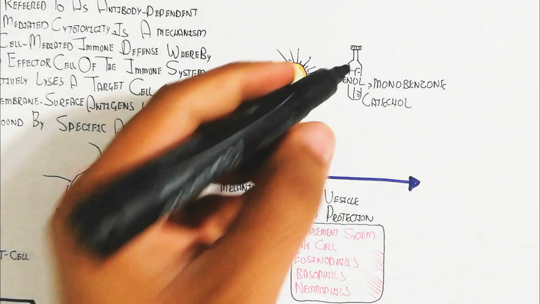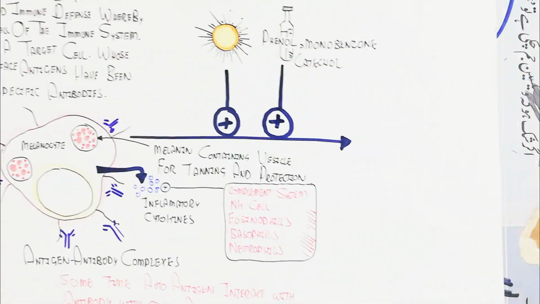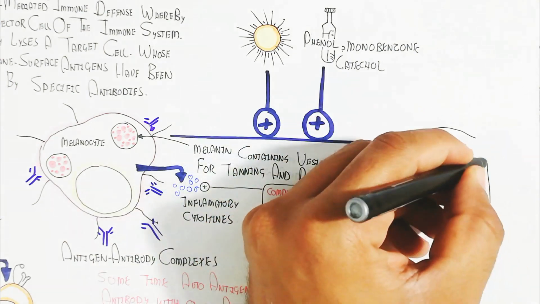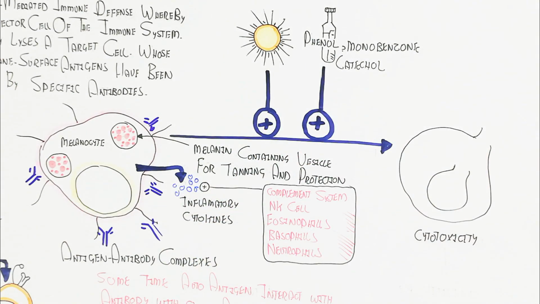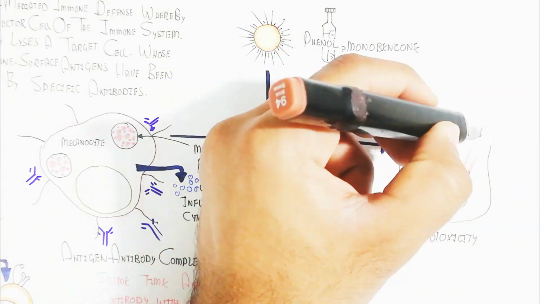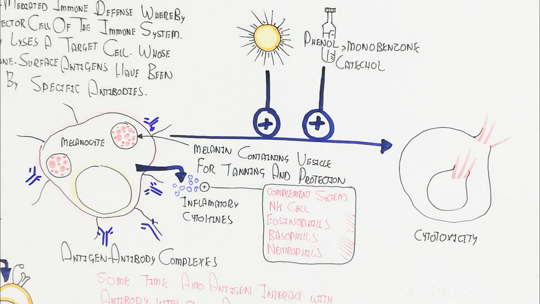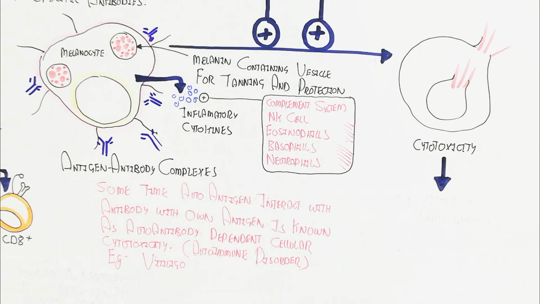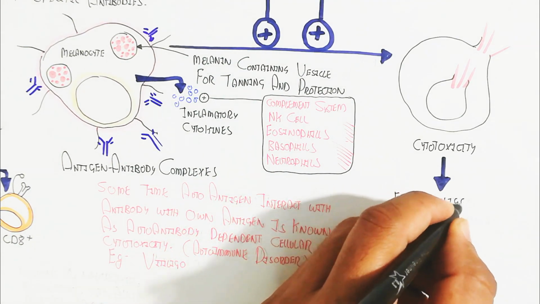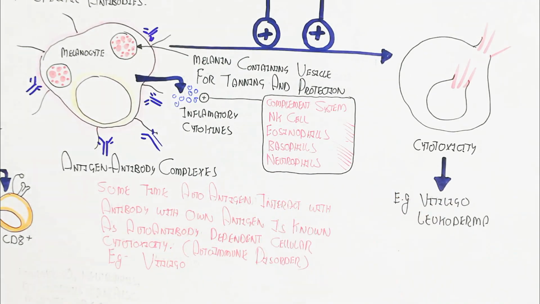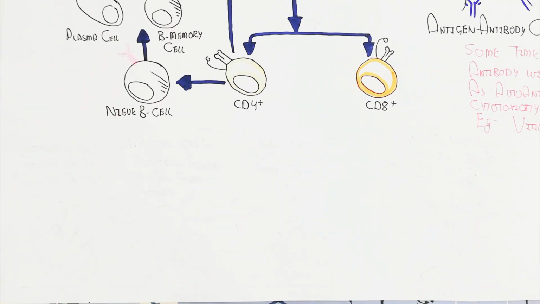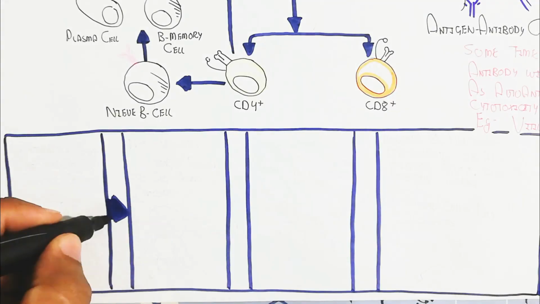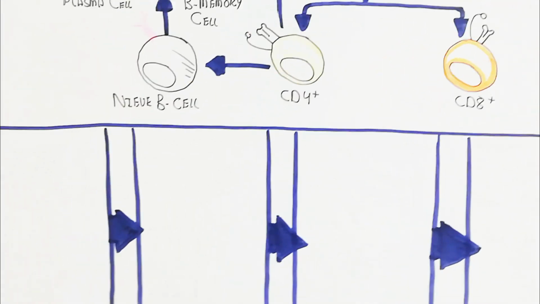This is antibody-dependent cellular cytotoxicity, but autoantibody-dependent cellular cytotoxicity is the problem. UVB radiation and phenol, monobenzone, and catechol are important in the problem of vitiligo, the leukoderma, via cytotoxicity of the melanocyte.